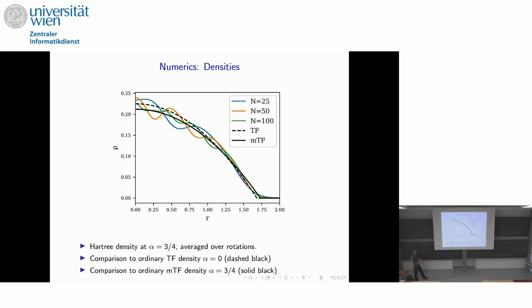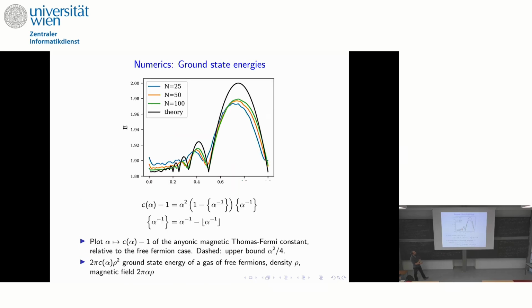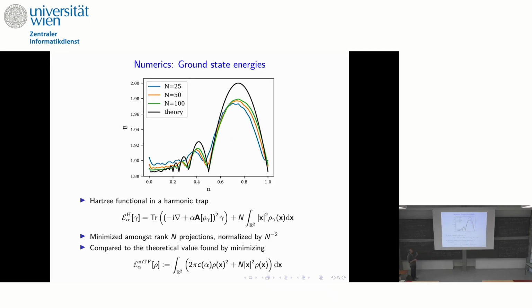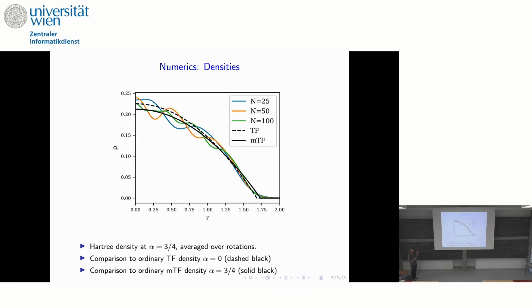Okay, and this is a comparison at alpha equals 3/4. Why alpha equals 3/4? Because that's where you might have the most significant signal. So I'm running out of time and badly. So I just want to leave you with one message that you can discuss if you want.